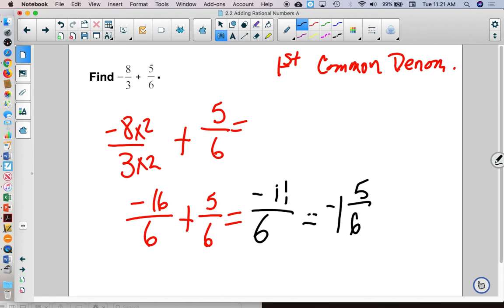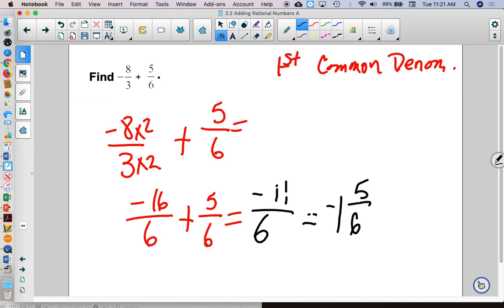And then did you have 15/18? And then when you subtract the difference, you ended up with a negative 33/18, am I right? Yeah.